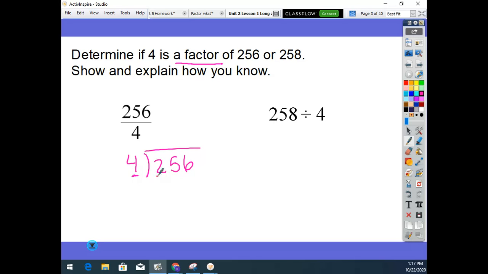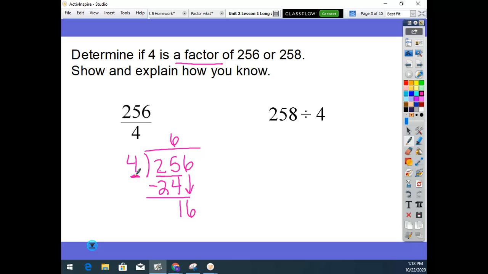Well, 4 can't go into 2. How many times can 4 go into 25? 4 goes into 25 6 times. Then 6 times 4 is 24. Then we subtract 24 from 25, bring down the 6, and repeat the process.